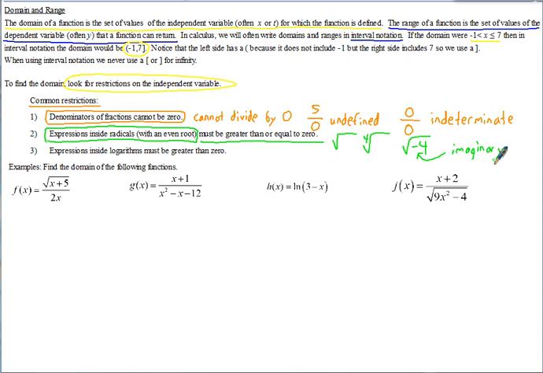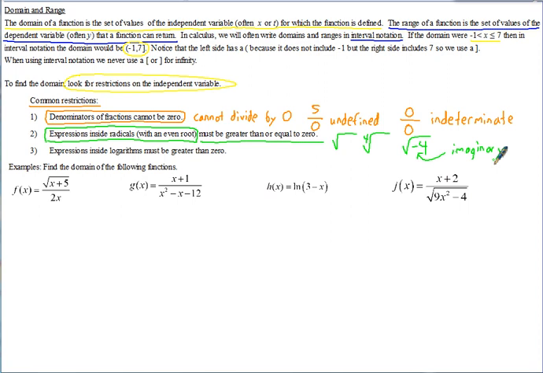So we're looking for the domain as a set of real numbers that we can plug in. But odd roots are okay. If you have an odd root, like the cube root of -8, that's just -2. You can have any kind of number inside of an odd root. So it's just the even roots you have to watch out for.